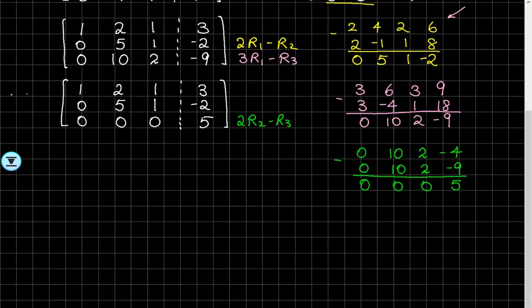In this case, what we have here is 0 times z equals 5. And now what's going on there? 0 times something equals 5. Is that possible? It is impossible, right? Not possible. So this means no solution.